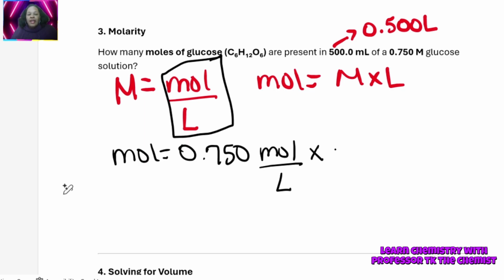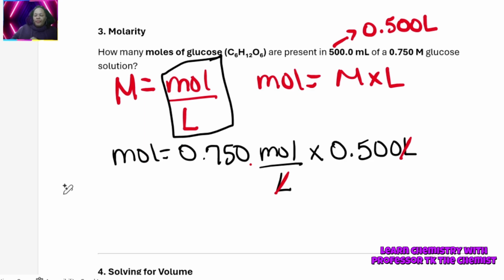And then I'm going to put the volume 0.500 liters there because you want your L's to cancel out. If I would have put a big M right there, some of you would have forgotten, well, how did I get a mole out of that? This is why I'm replacing the units for the proper one so that you can see how we got rid of them.